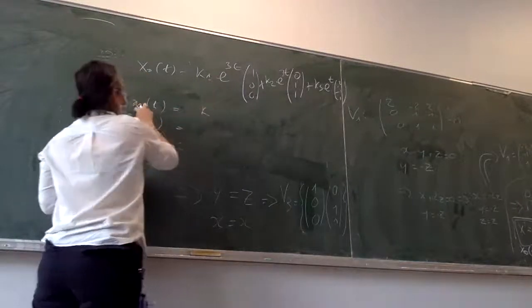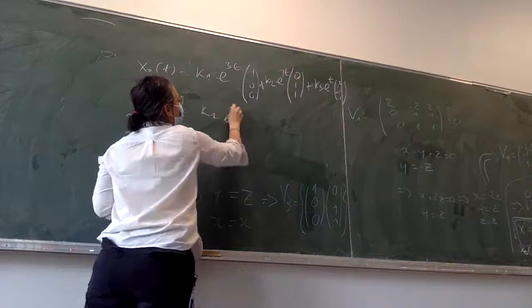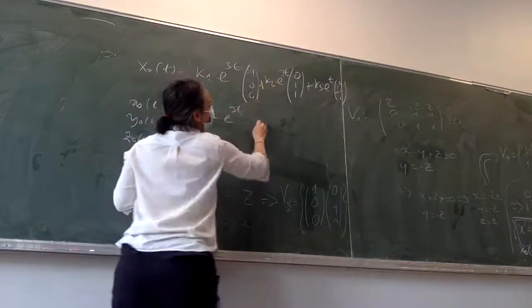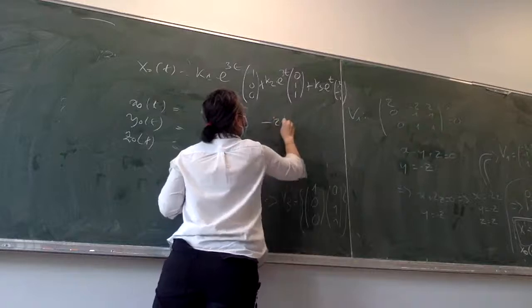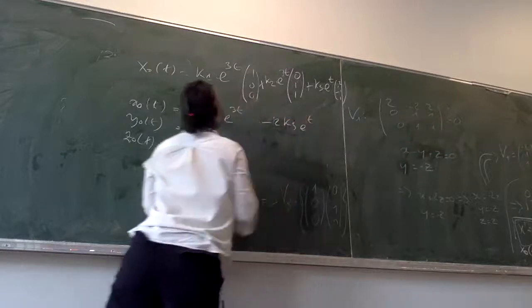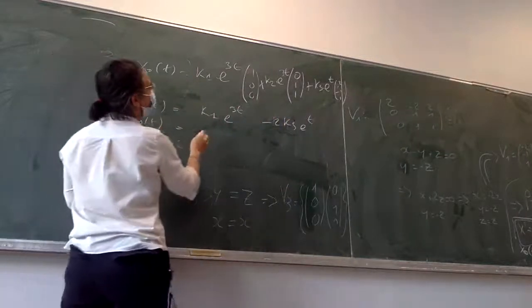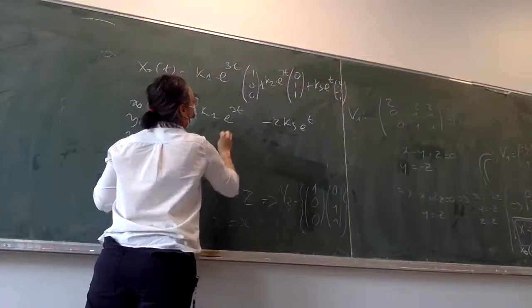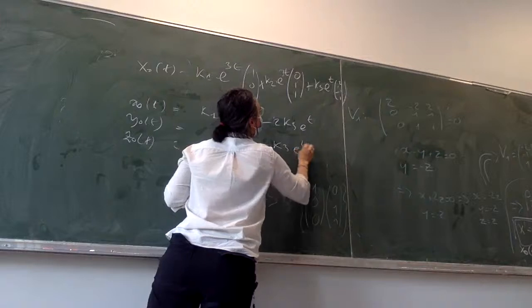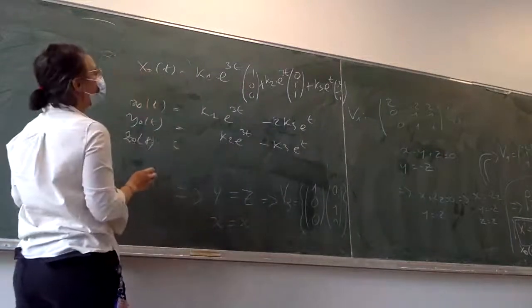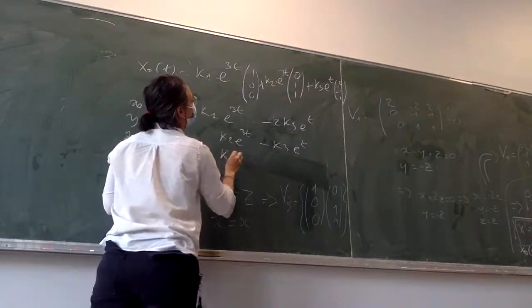The x0 is going to be k1 plus 0 plus, well, minus 2k3 exponential of t. The y0 will be, well, I only have k2 minus k3 exponential of t, and the z0, I also have only k2.